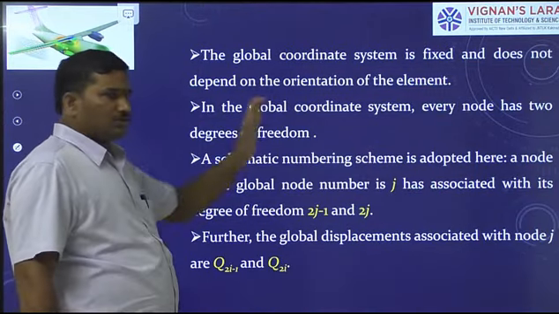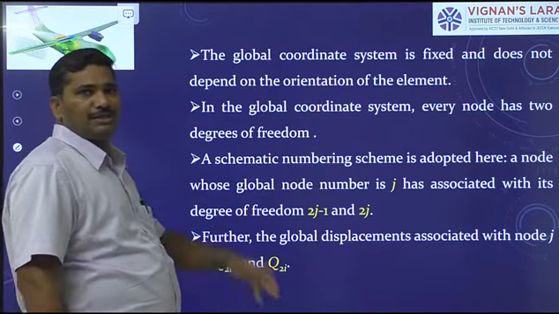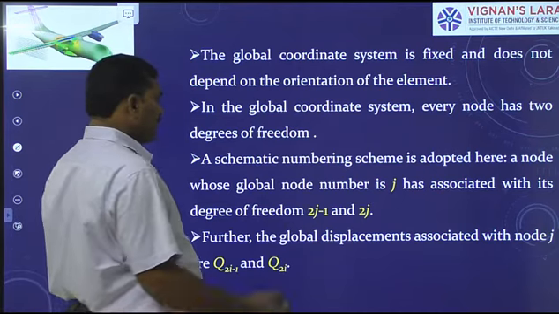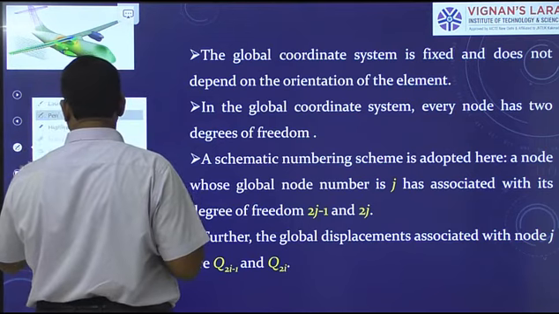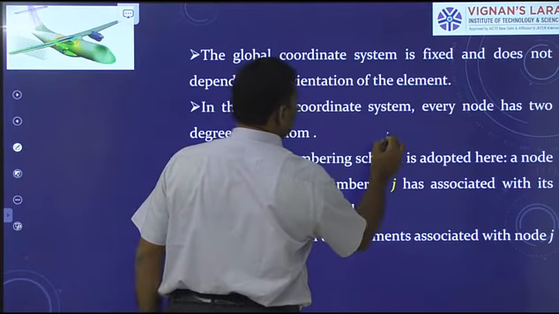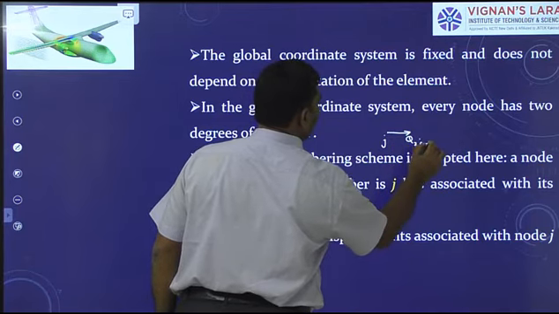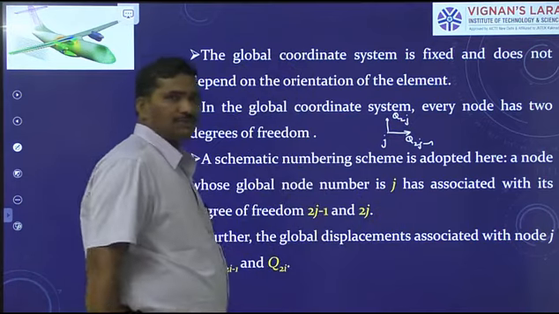I told you how you represent the global displacements and the local displacements. If you take J as the node, Q2J minus 1 is the horizontal displacement and Q2J is the vertical displacement.